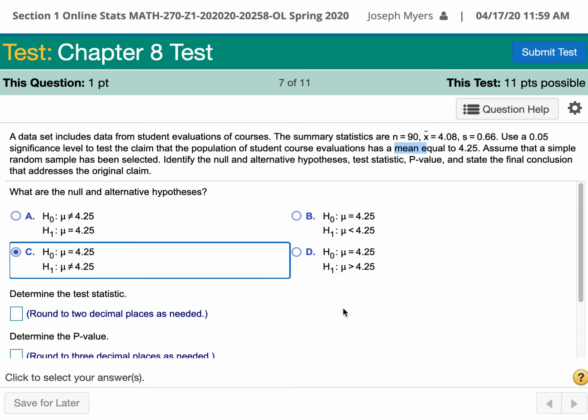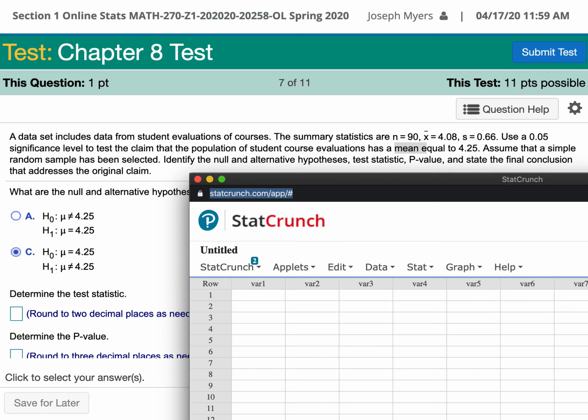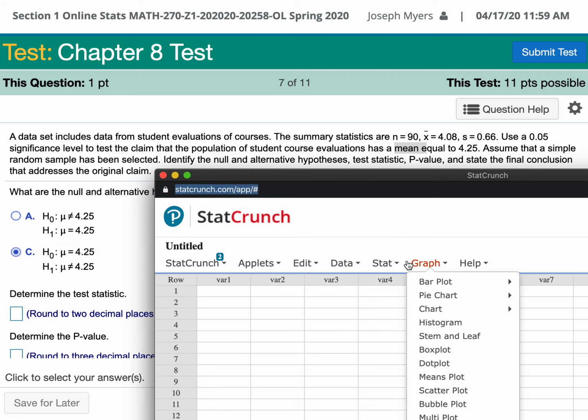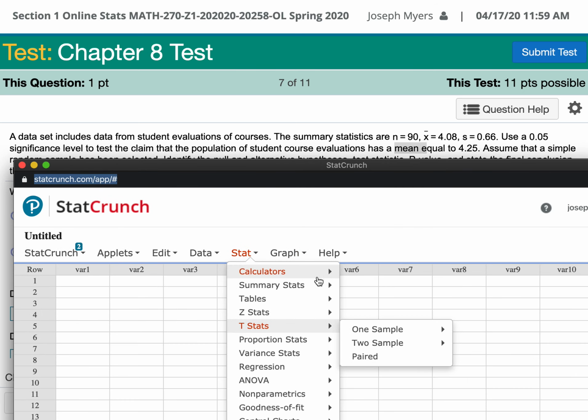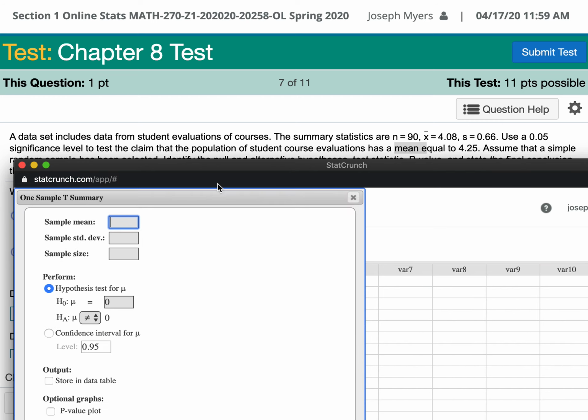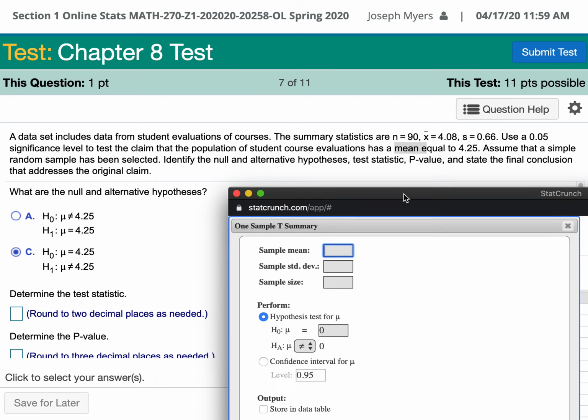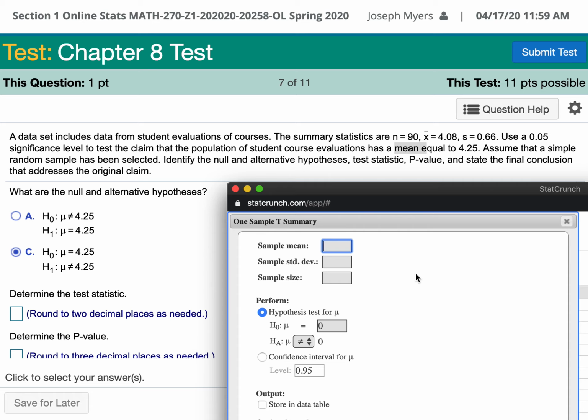And we'll find the test statistic by going to StatCrunch, and from the stat menu I'm going to do t-stats, one sample with summary, and then I'll put in these numbers. The sample mean is given right here, 4.08.